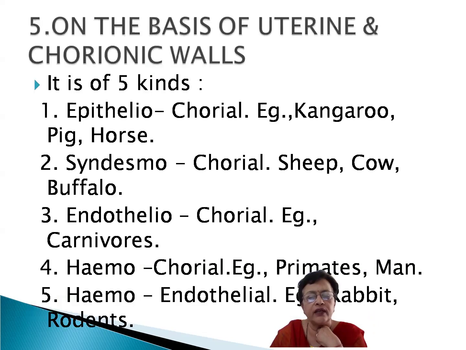Such kind of placenta is called hemoendothelial, as the name sounds. Hem means blood, chorial means embryonic part. So hemoendothelial is again the blood pool from the mother, and endothelium means this is the part of the blood vessels from the embryo. Such kind of placenta is present in rabbit, rodents, etc.